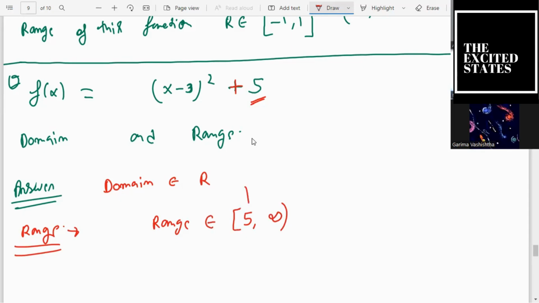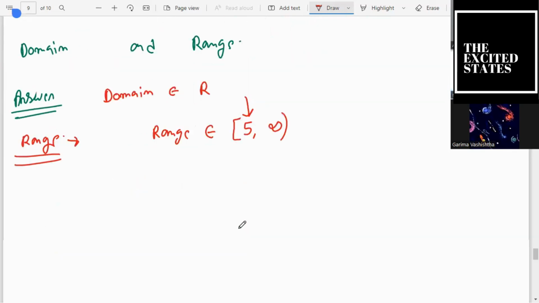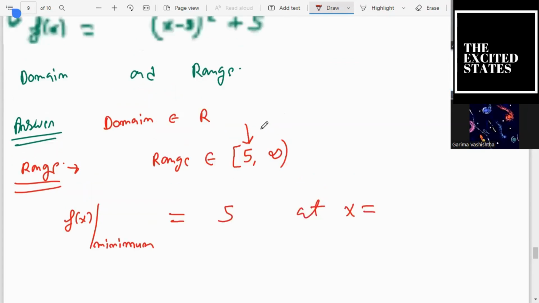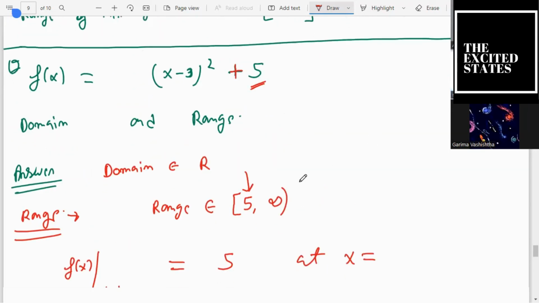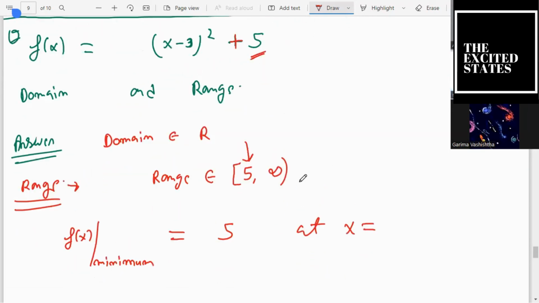So 5 is the minimum value, isn't it? The minimum value of f(x) will be 5 at x equal to what? At which value of x is it taking the minimum value?